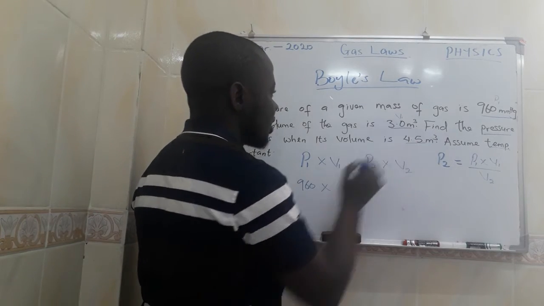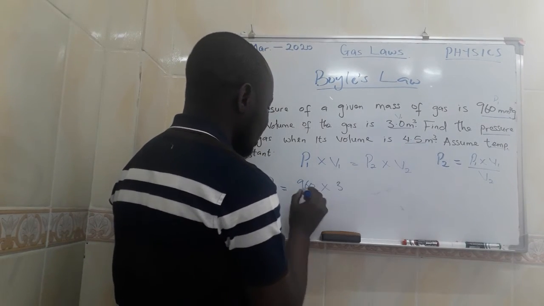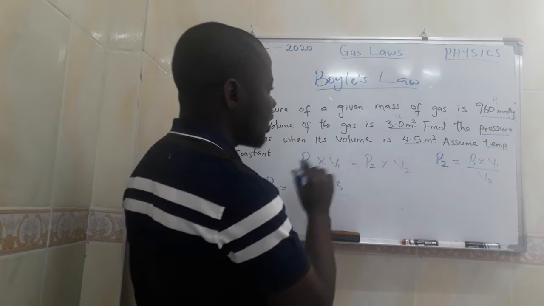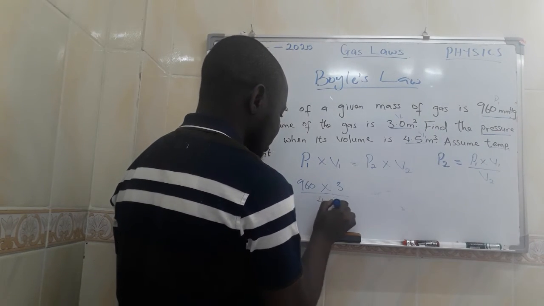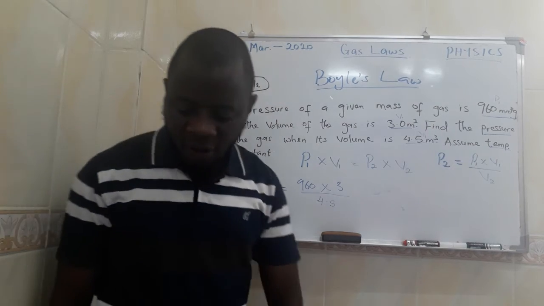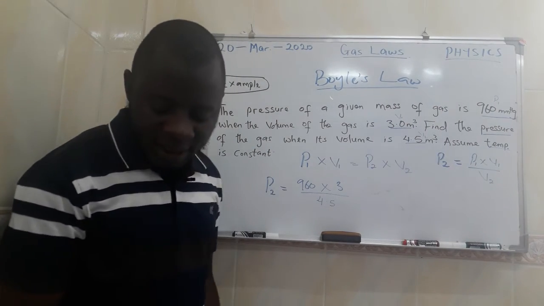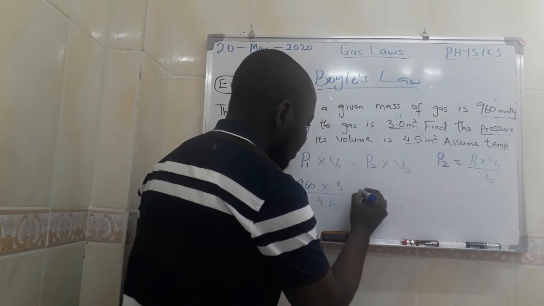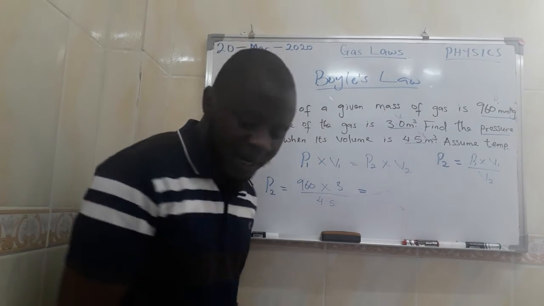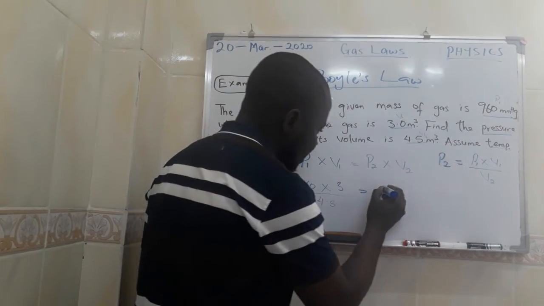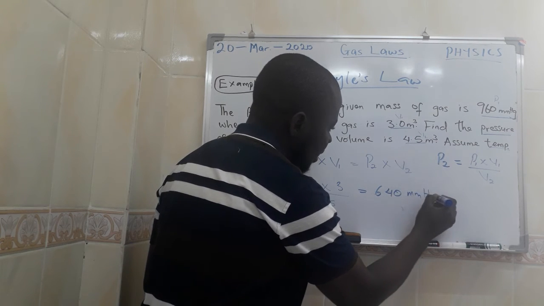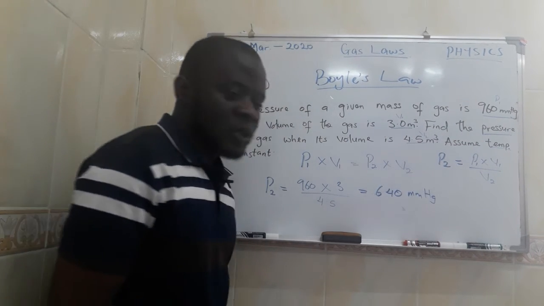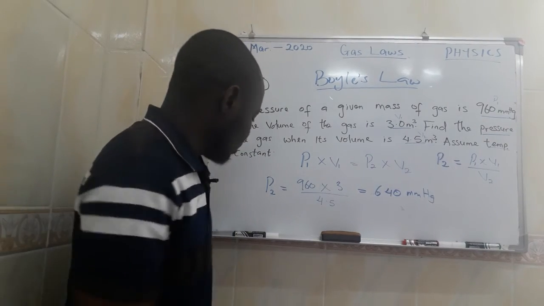This is my V1, 3, divided by, what's my V2? This is my V2 here, 4.5. Are you following? Now, when I put this in my calculator, I have my answer to be 640 millimeter mercury.